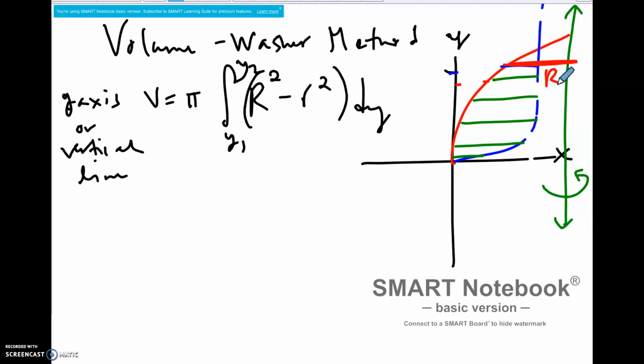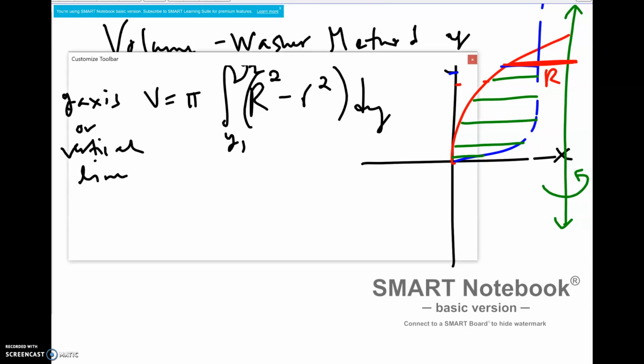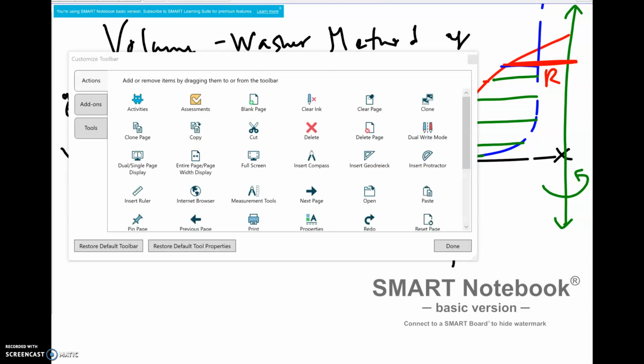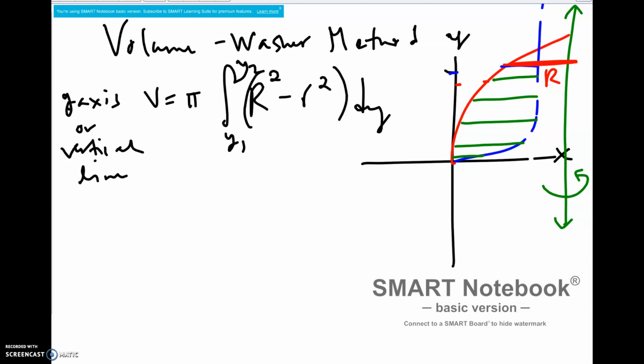So this distance here is big R. And then this little distance between the blue function and the green line, that's little r. And so that would change the game.